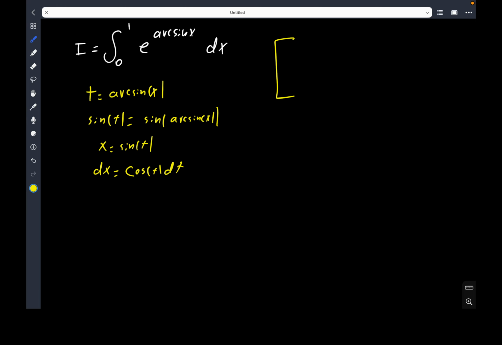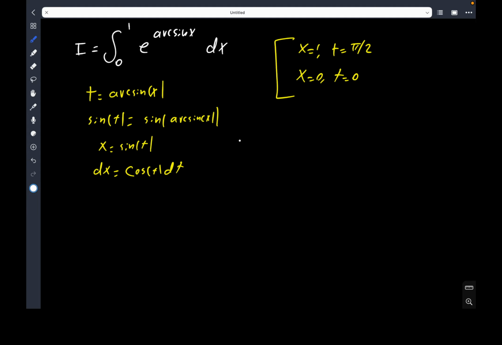And I have to change my bounds, do not forget that. So when x equals 1, arcsine of 1 is pi over 2, so t is pi over 2, and when x equals 0, t equals 0, since arcsine of 0 is 0.